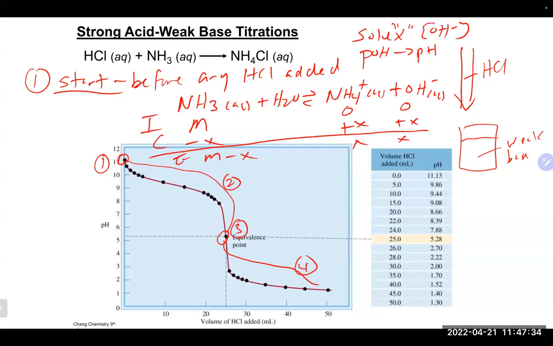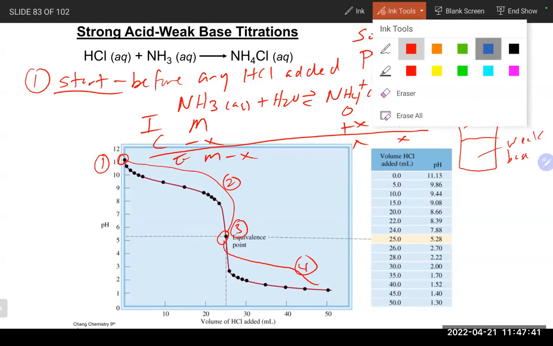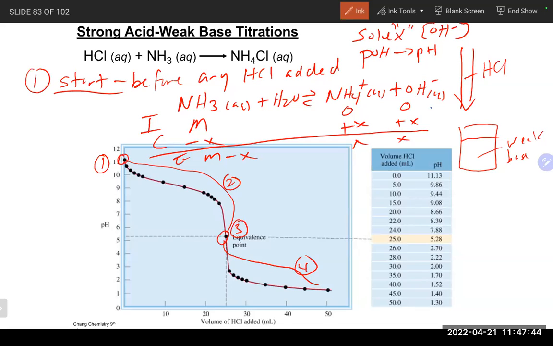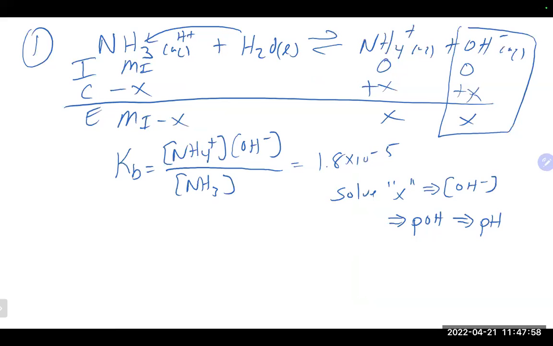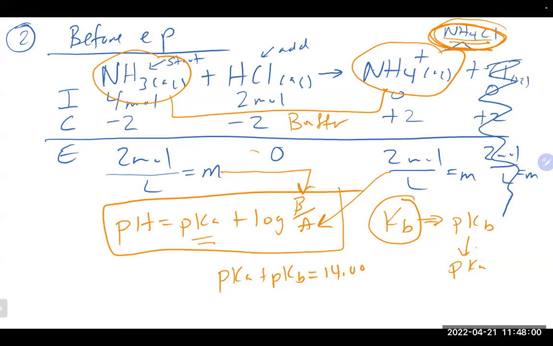I think we also talked about the second point here, but just to review, once we start the titration and we sort of hit that second spot there, we actually do have a reaction that is taking place. Once we start our titration, we will get the reaction between the ammonia and the HCl.